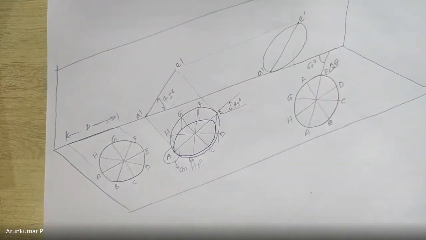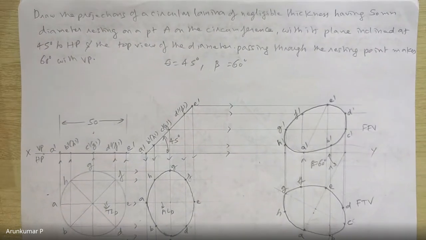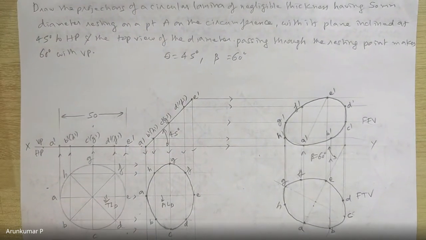Same shape you are going to get in 2D. Okay. So this is how the circular lamina problem has to be solved.